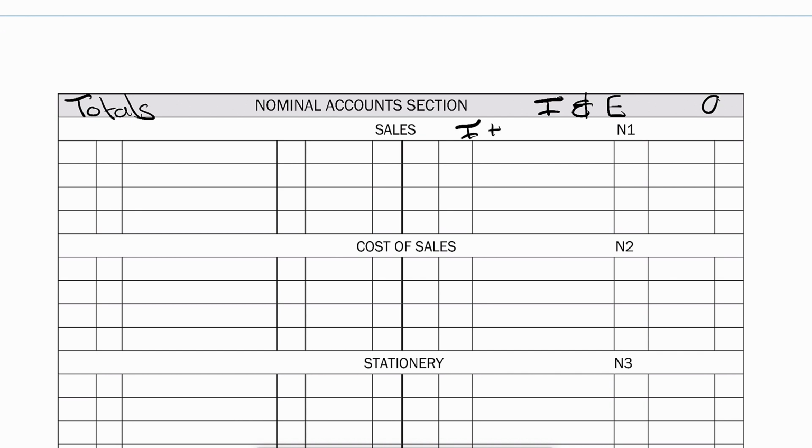Remember, in the nominal account section, we only use one side of the ledger. All incomes will be credit, and all expenses will be on the debit side, where each of them increase.